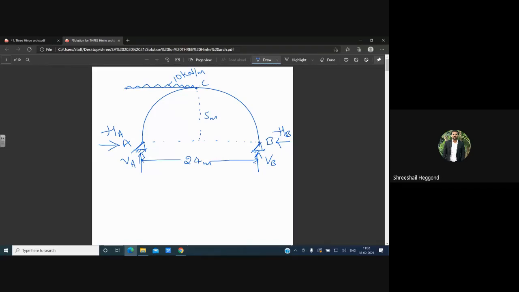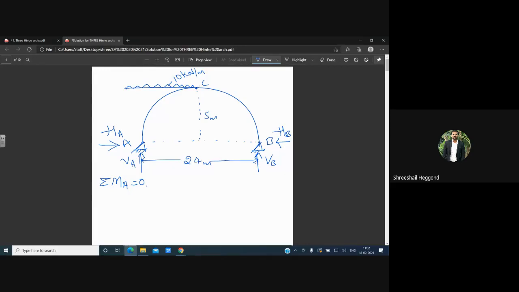You can write moment about A is 0, and the expression can be written by considering moments clockwise to be positive and anti-clockwise to be negative.